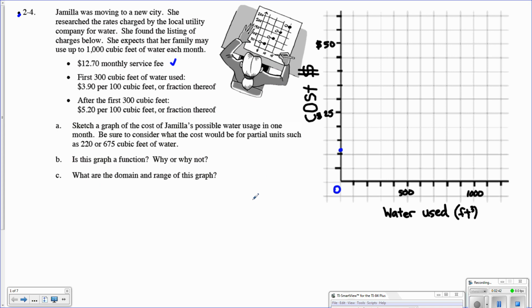You know what? We can make a little table here to help us keep track of everything. So we know for 0 cubic feet, the cost is going to be $12.70.